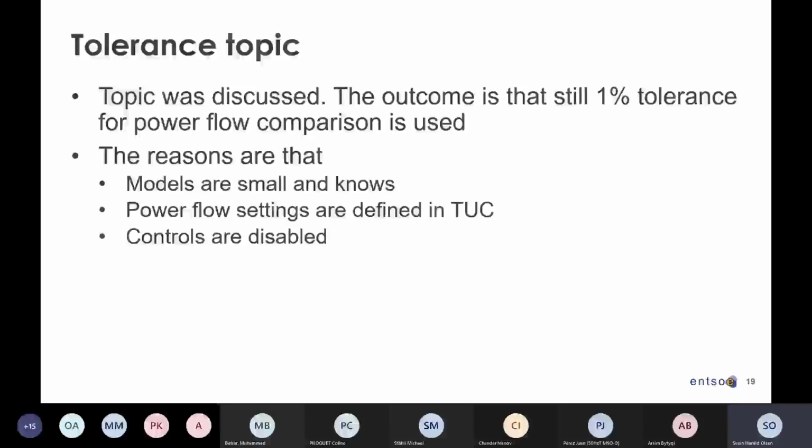So we can't have too many subjective types of evaluation. We need to have clear and concise values. So we ended up with 1% tolerance. And again, if some of this doesn't make sense, give us feedback.